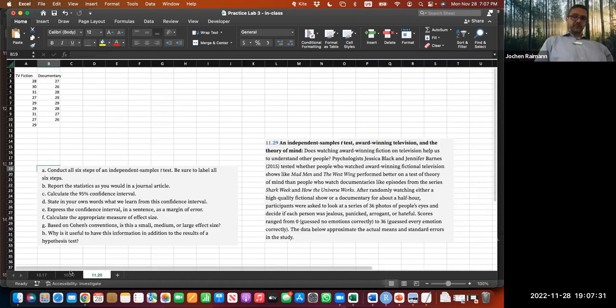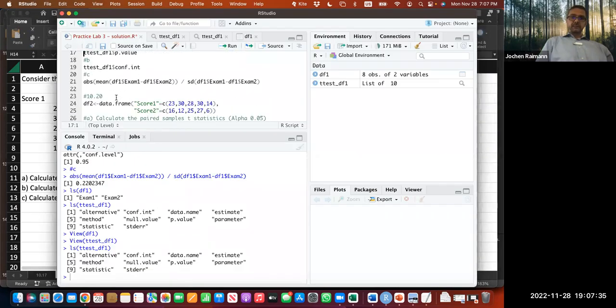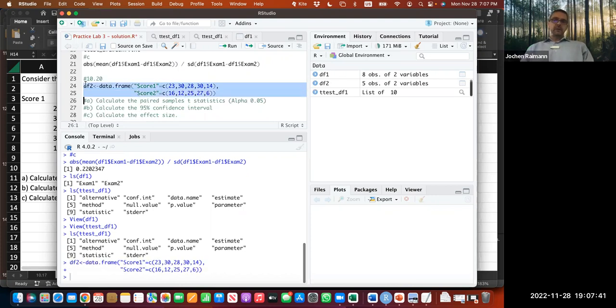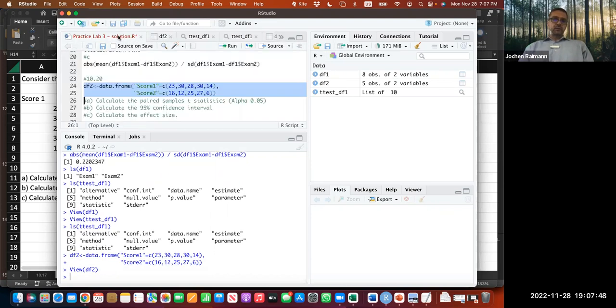All right, going back to R, same code in essence. Line 24 creates this data frame, which contains these 5 observations for both variables, score 1 and score 2.